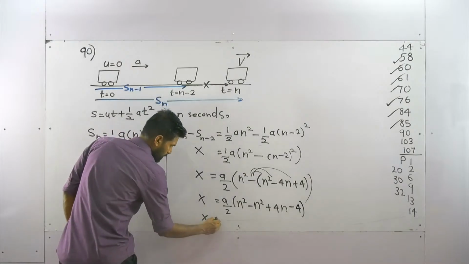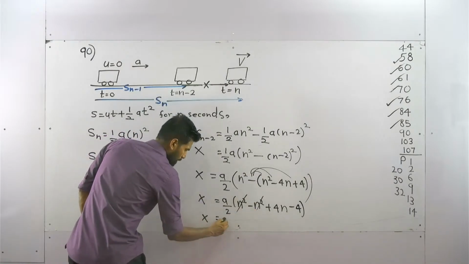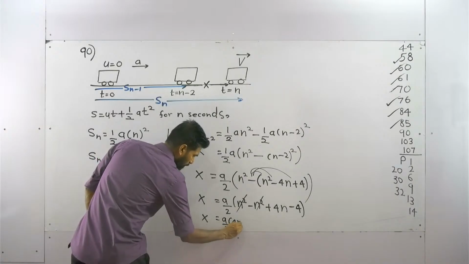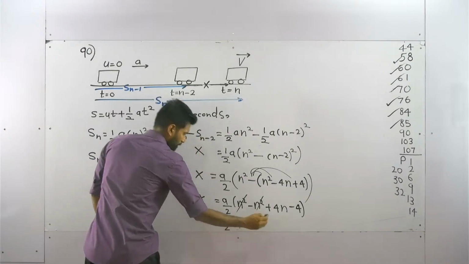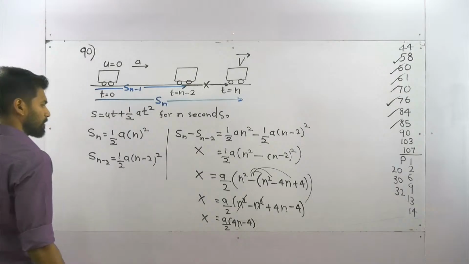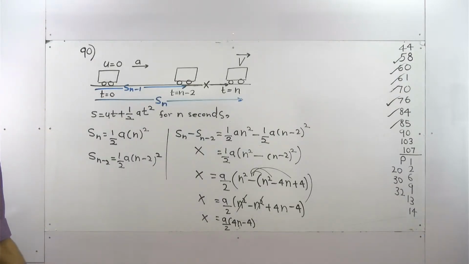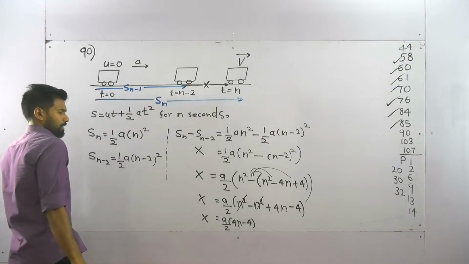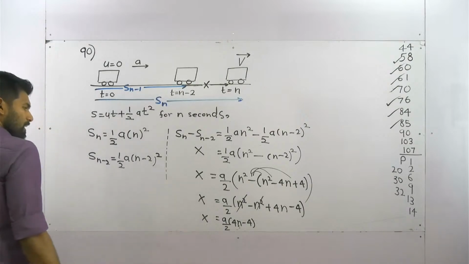So x is equal to a over 2 (4n minus 4). Okay, now you have an answer for x, but here's a problem.